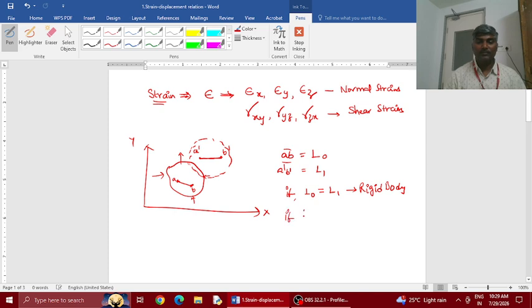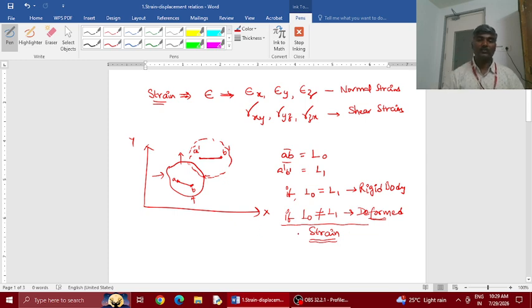But if L naught is not equal to L1, meaning the length of AB is not equal to A dash B dash, then we say the body has got deformed, which means you have strain in the body, because of the deformation caused by the loads. The amount of deformation divided by original dimension, we mention as a strain.